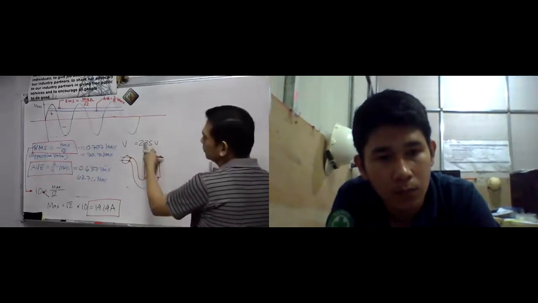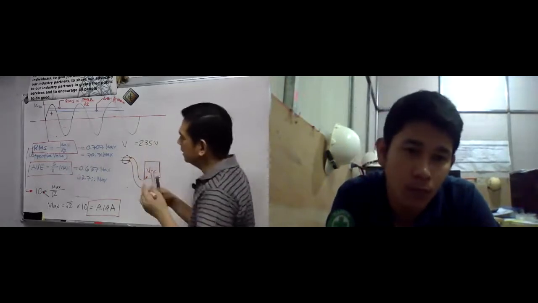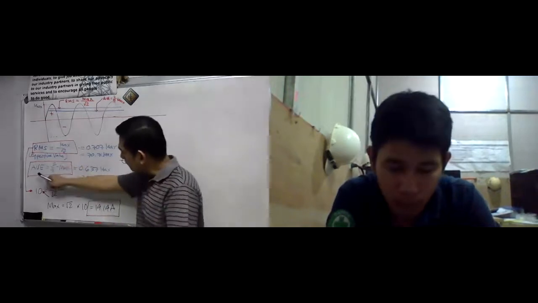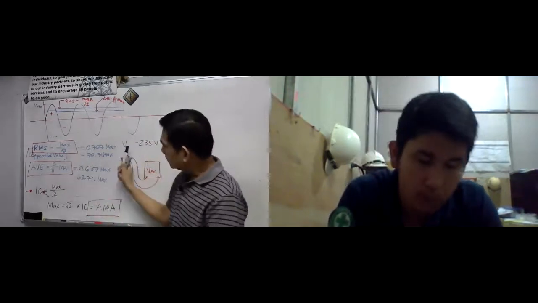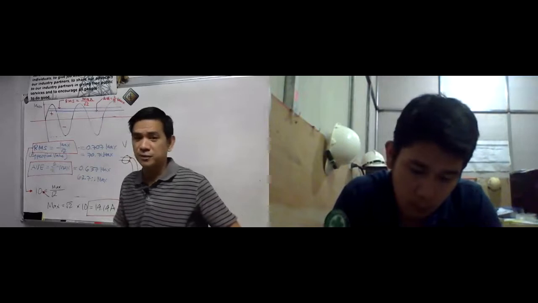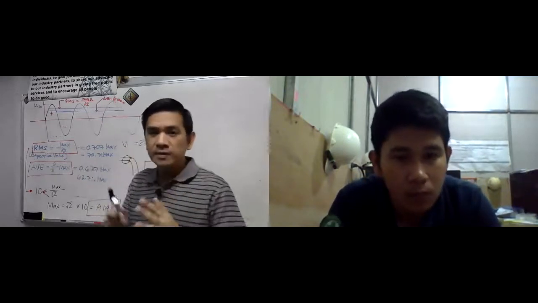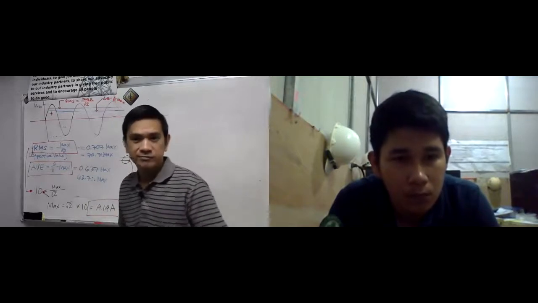Sir, what is this 235 volts? Is that the RMS, the effective value, the average value, or the maximum value? That is a practical question. What is being measured by our voltmeter?